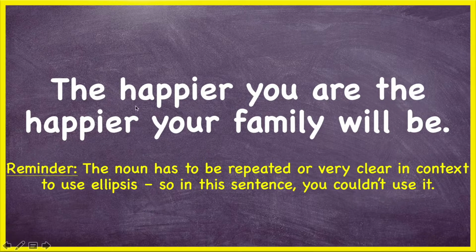The happier you are, the happier. That doesn't make any sense, right? The happier you are, the happier I am, again? No. Because we are changing the noun here. So because we're changing the noun, we need to put both nouns in. Otherwise, we wouldn't understand that we need to change the noun if we didn't include it.